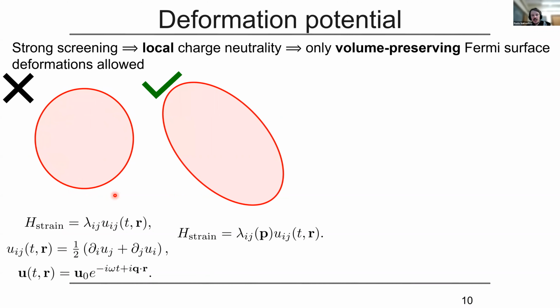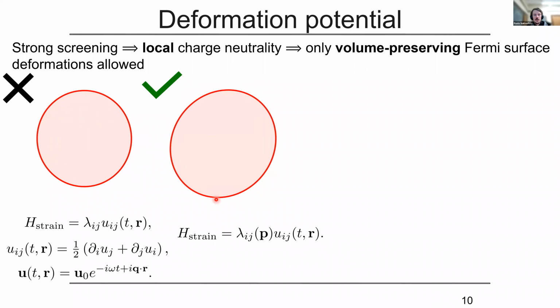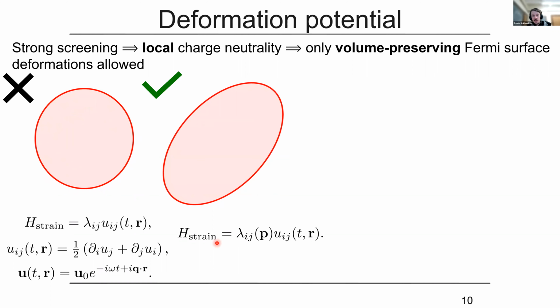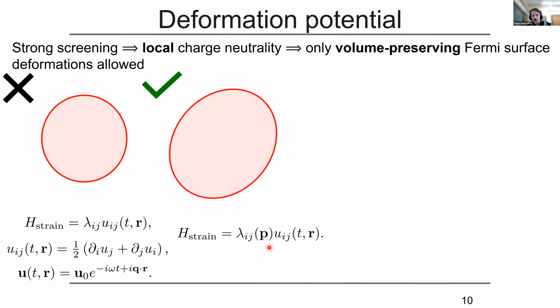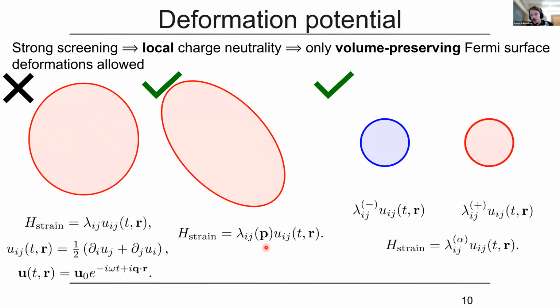What will happen there is that we can deform the Fermi surface. So excitations will look as follows. They preserve the volume of the Fermi surface, and the corresponding deformation potential is just momentum dependent. In our Weyl materials, or in principle any other multi-valley material, where there are several valleys, we can have a deformation potential that depends on the valley.